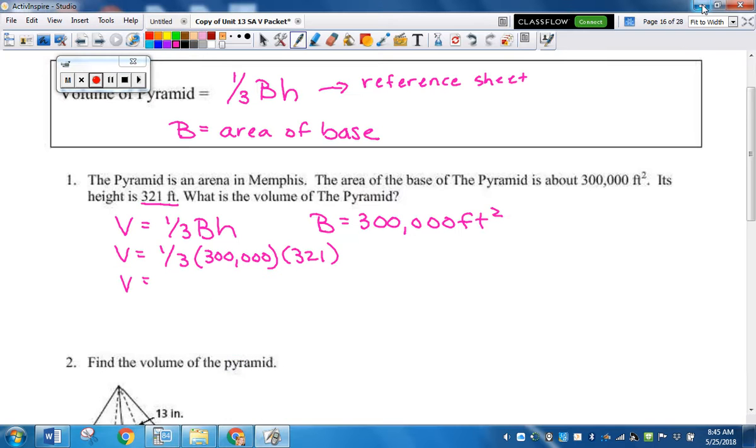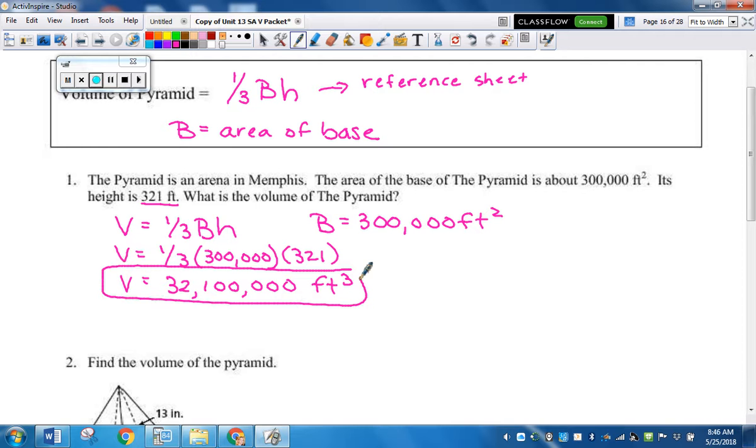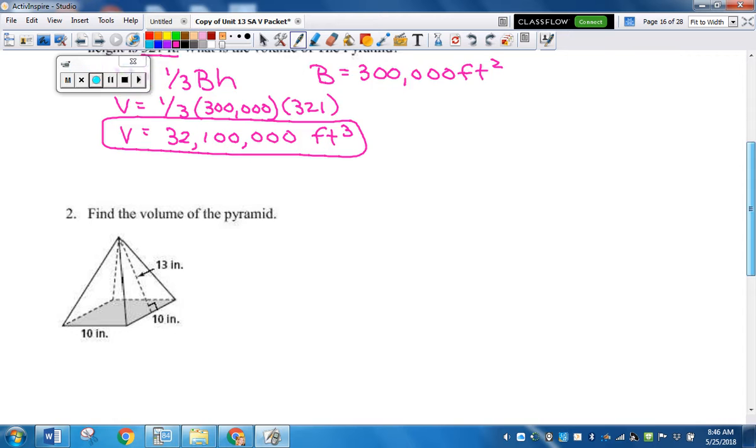Okay. And we talked about the units, that would be feet cubed. Finally. So that's very straightforward. Nothing to even figure out there. Very basic, know your formula, plug it in.